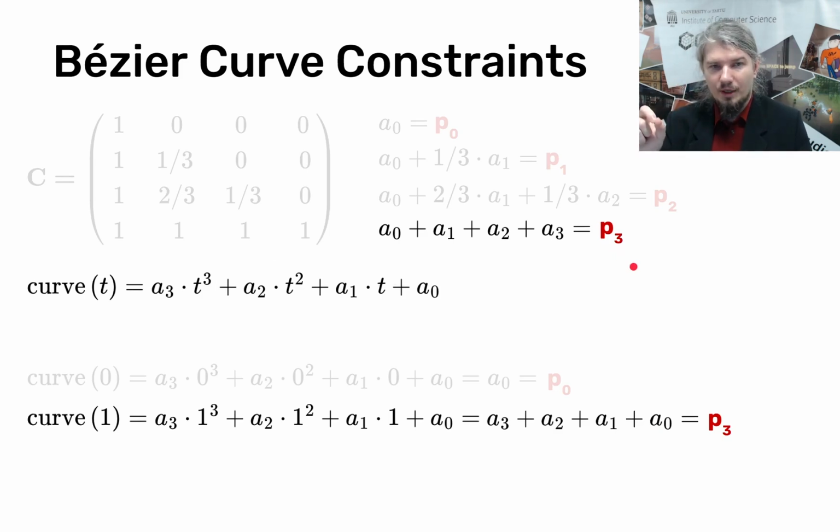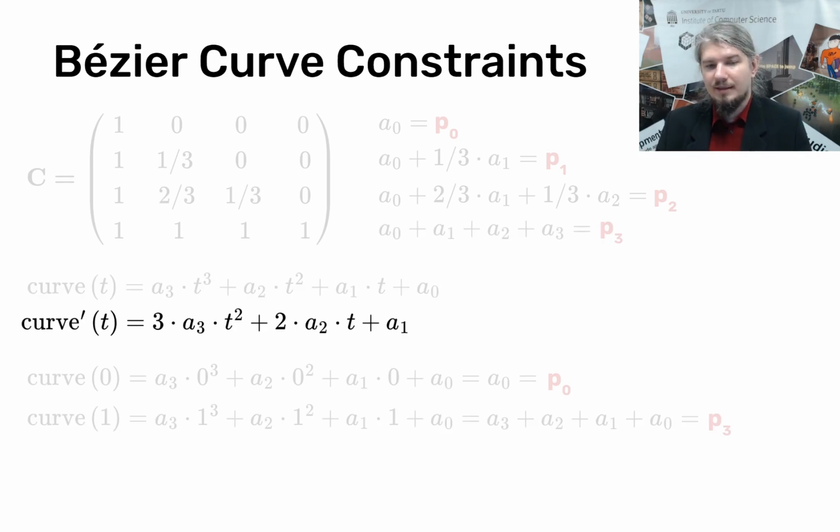When t equals 1, then we have the value P3. So now we already have found those two, well, perhaps obvious constraints, that the curve must start at P0 and end at P3. Now we might venture a guess that, well, maybe the other constraints are somehow related to the derivative. So let's find the derivative of our curve function.